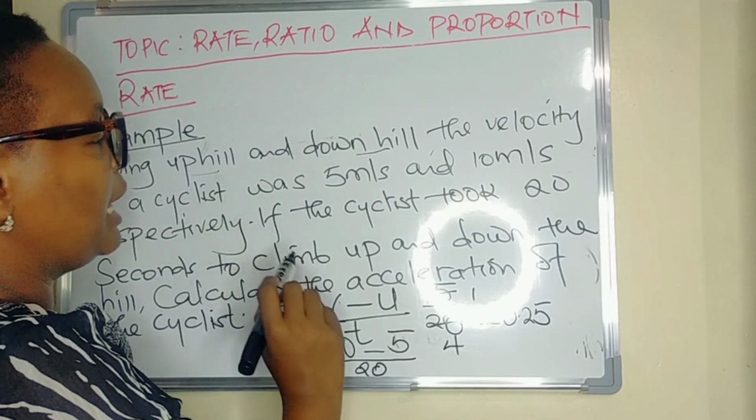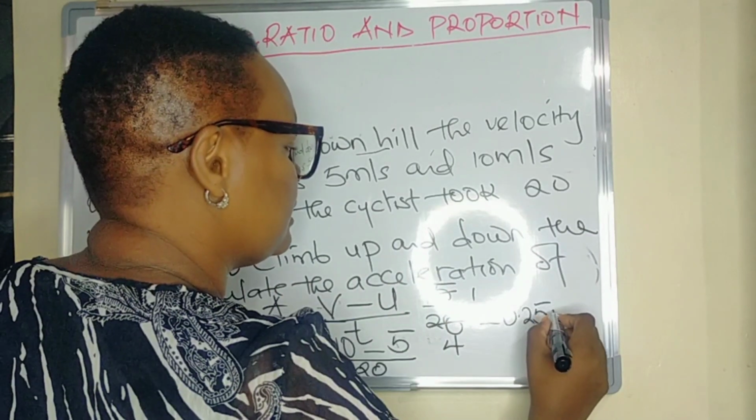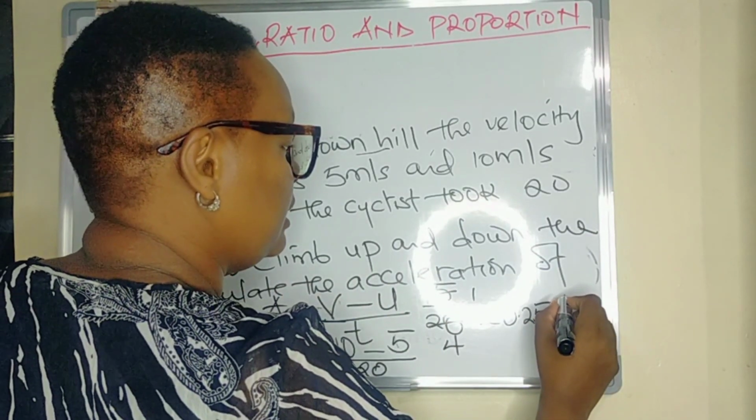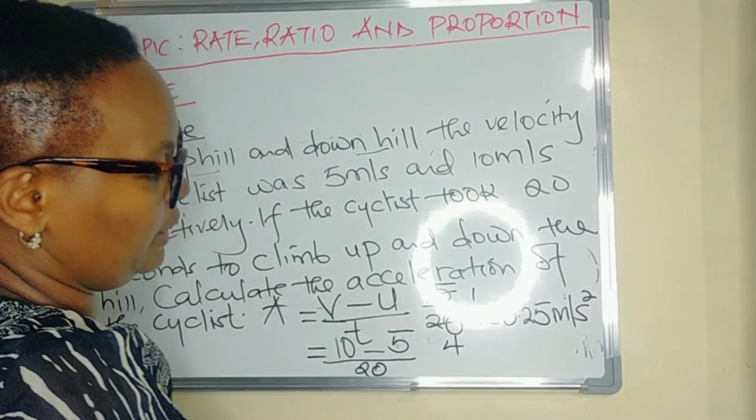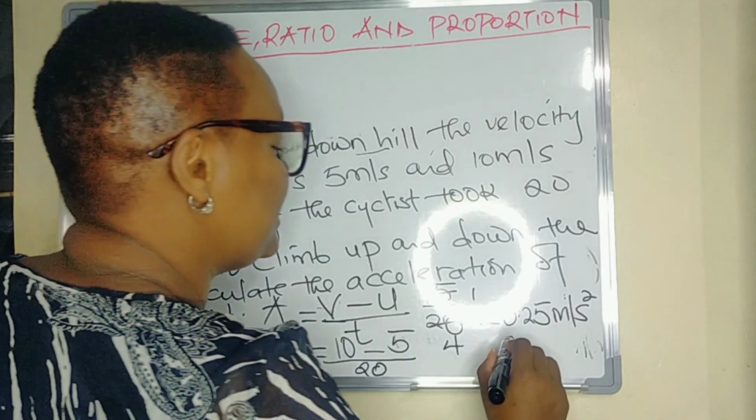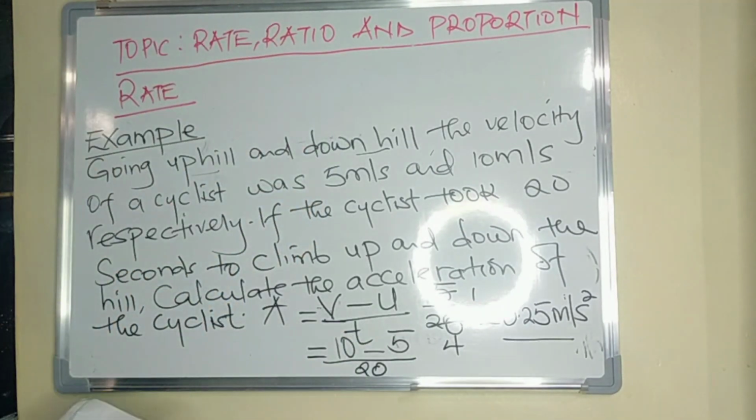The units are meters per second squared. So that is the acceleration of this cyclist.